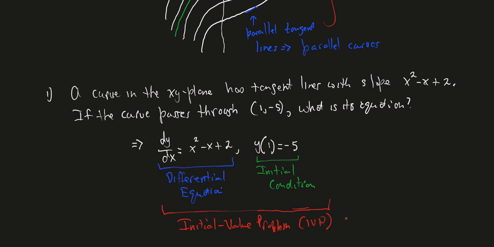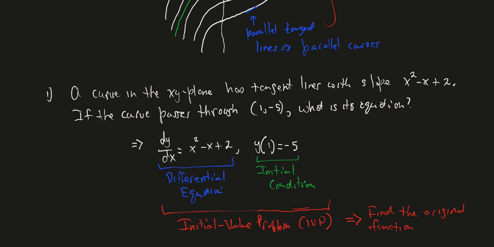The goal is to find the original function that has both of these properties. Not only do we have to find a function that when we differentiate it will give us x squared minus x plus 2, but when we substitute x equals 1, it will give us a y value of -5.